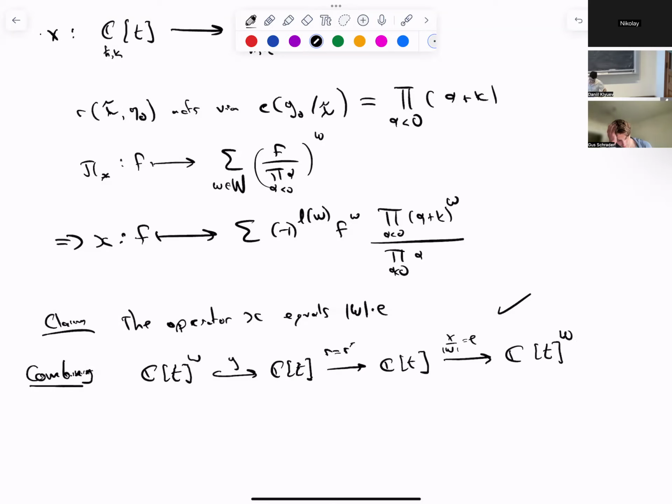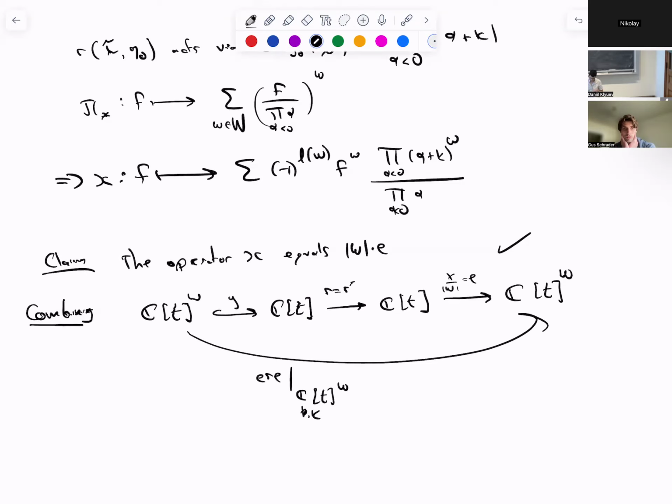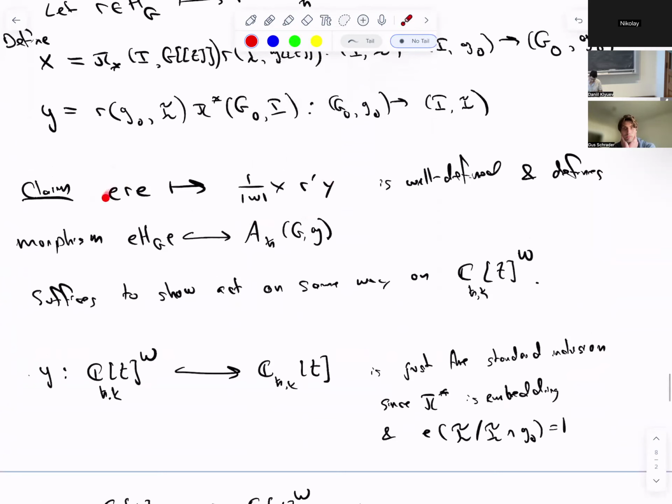And this is just E R E restricted to the invariant polynomials. Okay, so we finished our first claim that E R E and X R prime Y over W act the same way on the symmetric polynomials. So this gives us our desired embedding. And again, we can conclude that this embedding is an isomorphism by computing the graded dimension of both sides. So that completes the proof of the main theorem.